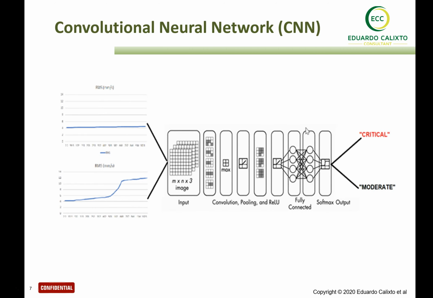The convolutional neural network starts with an image input. Then the image goes through different layers, such as convolutional, pooling, and ReLU.